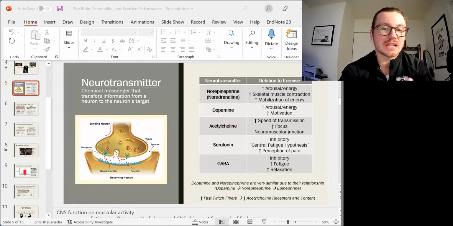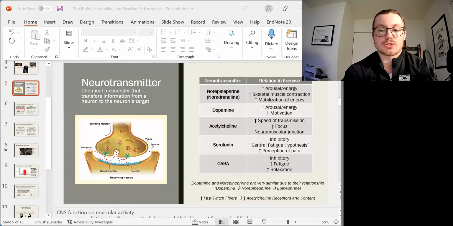But the way that I distinguish the two is that norepinephrine seems to have a large effect on the actual musculature, or let's say the skeletal muscle physiology, whereas dopamine, while increasing arousal, also increases motivation. So dopamine seems to be more related to how the brain functions during exercise, and not necessarily having a direct or very strong influence on how the muscle functions during exercise.